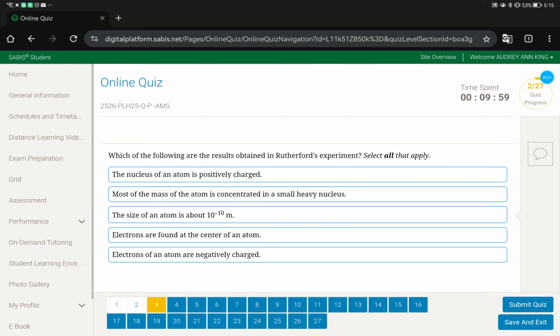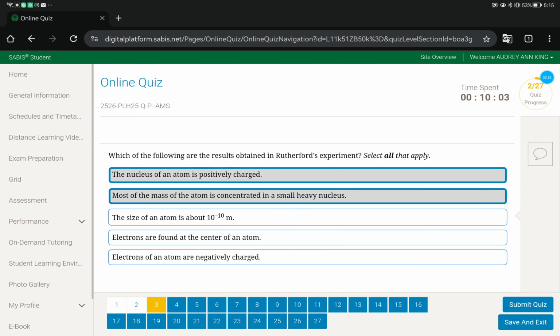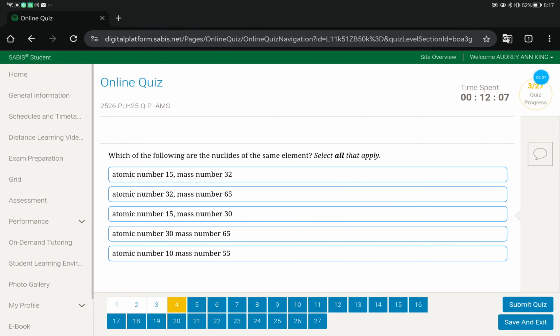Guys, this is the same question as the last one. In order for a nuclide to be of the same element, the atomic number has to be the same. It doesn't matter what the mass number is.